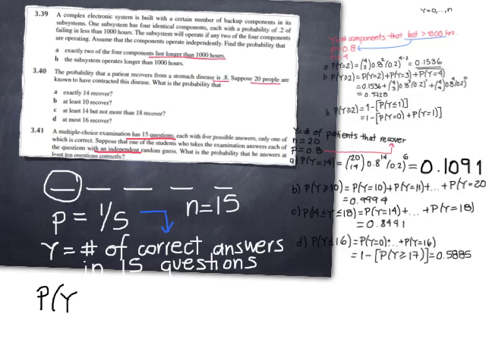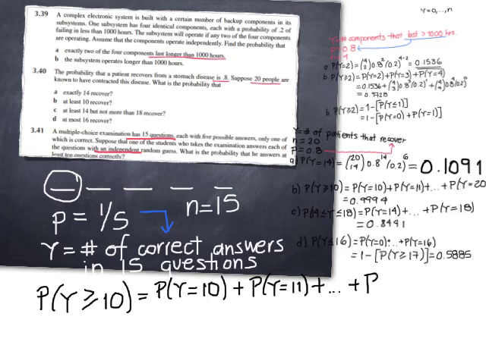So y should be greater or equal than 10. And the fastest way to do it is to add the probability of y equals 10, 11, and so on until the probability of y equals 15. And you should use the formula. So you have 15 questions and you select 10 to be correct.